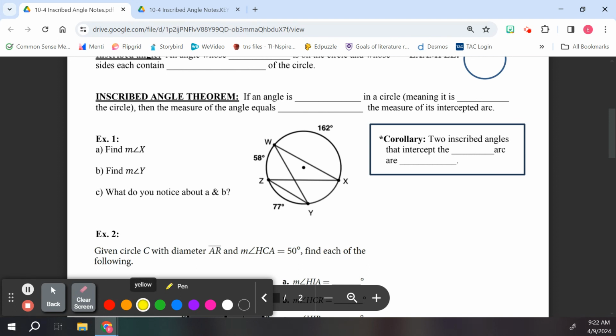So it says find the measure of angle X. So here's W to X to Z. This is that intercepted arc. So that means that I am going to have 1/2 of 58 degrees, which leaves me with a total of 29 degrees.